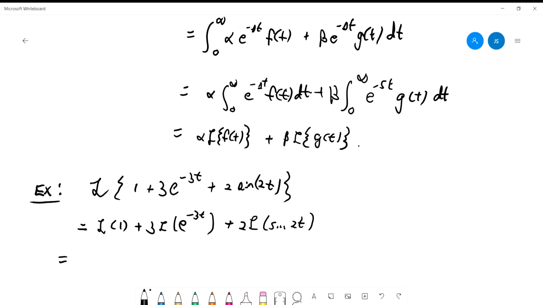And we found that L of 1 is 1 over s. And L of e to the minus 3t was 1 over s plus 3.